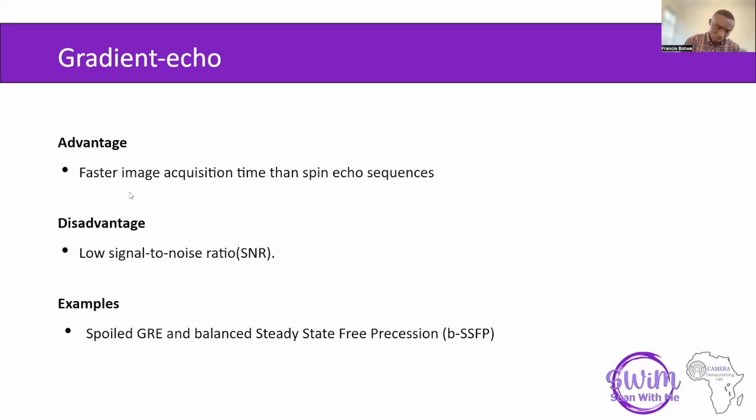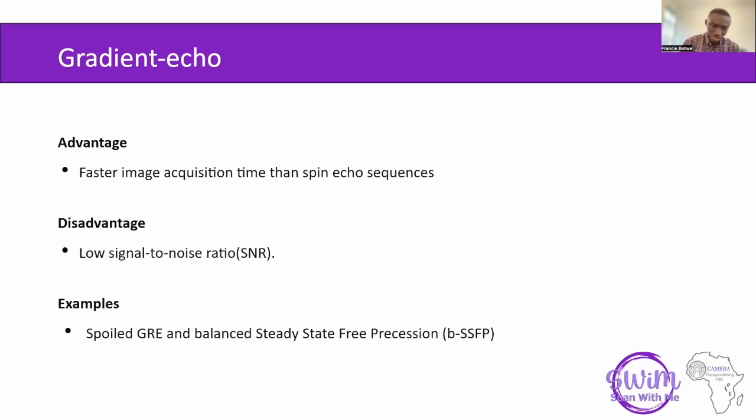You want to acquire multiple images so that you can use that to analyze your brain activities. But even though this gradient echo is good, it also has its own pitfall, disadvantage.